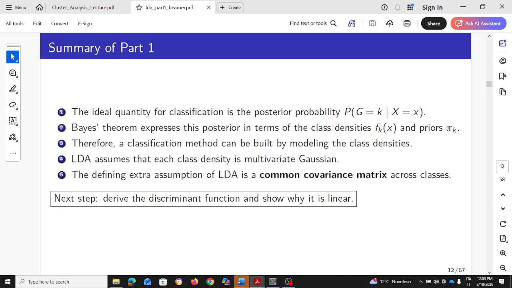So classification here is built by modeling the class density, what kind of density a class has. In the first case, our assumption was it's multivariate Gaussian. And then our final assumption was that each class will have the same covariances.